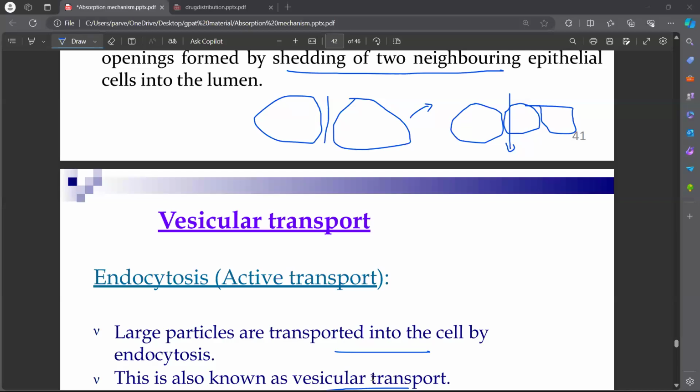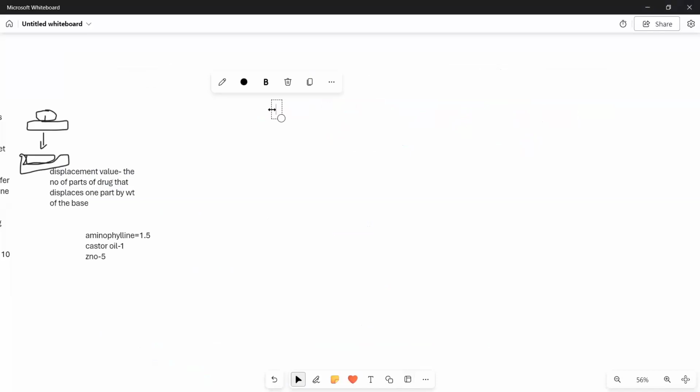So basically, another important classification which is studied in biopharmaceutics is the BCS classification. Can anyone tell me which scientist has provided the BCS classification?